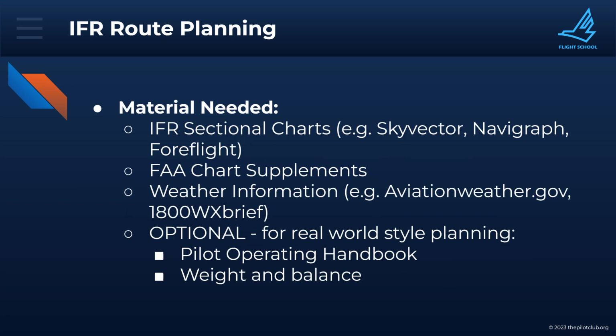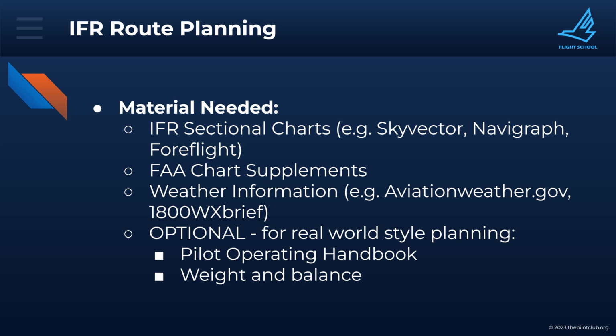Some materials you'll need. If anybody's using SkyVector, or doesn't know what SkyVector is, just go to www.skyvector.com. It's a free chart that you can use. You can access basically all the different types of aviation charts that you need. If you have any of the paid programs, Navigraph or ForeFlight, you're more than welcome to use those as well.